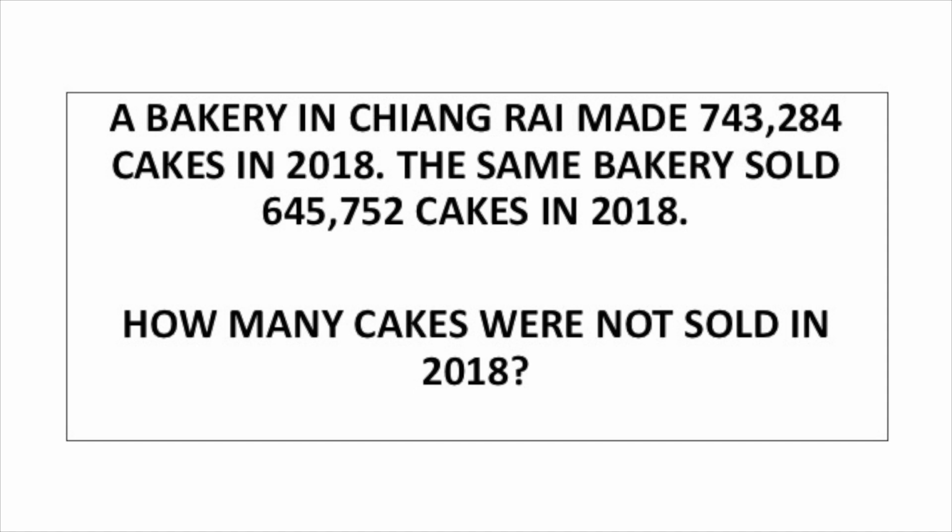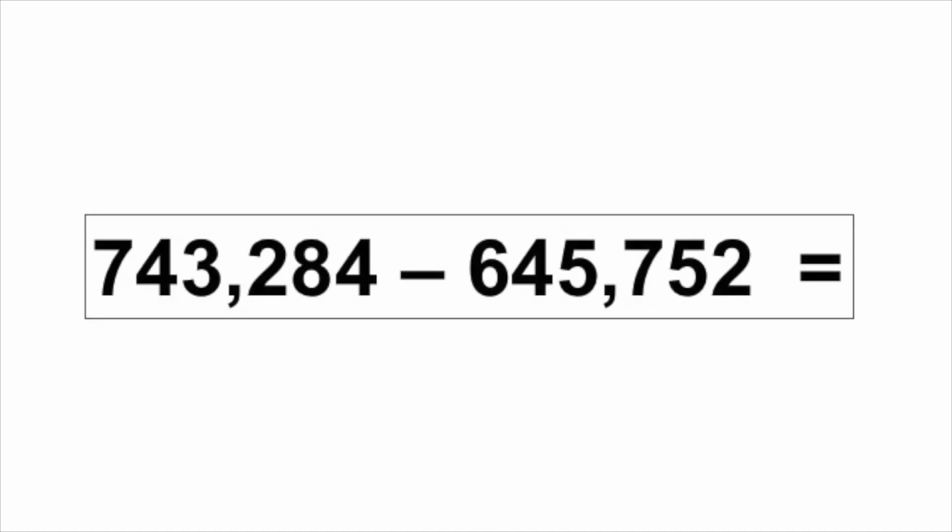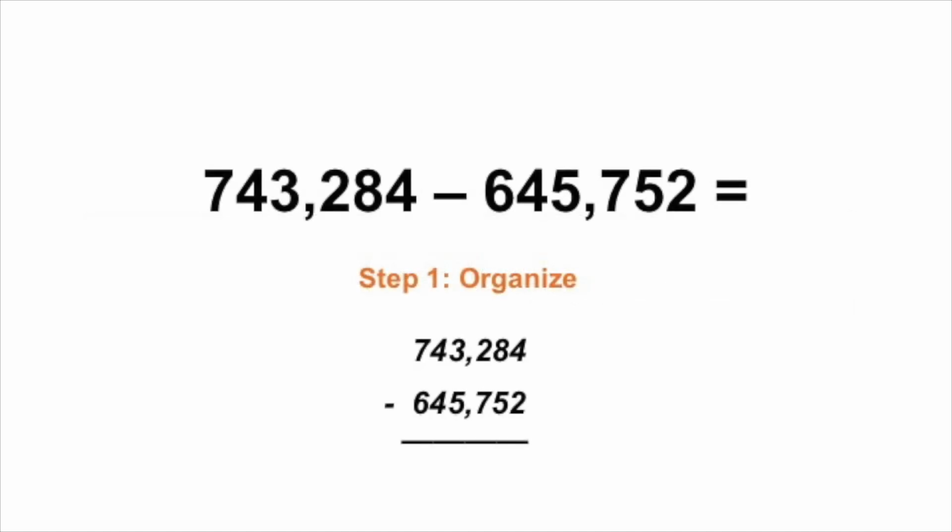That's how many cakes were sold. So what we need to do is take the second figure, the number of cakes sold, away from the first figure, the number of cakes made. So, like all subtraction calculations, we'll do our table. And our table, to begin, should look like this.